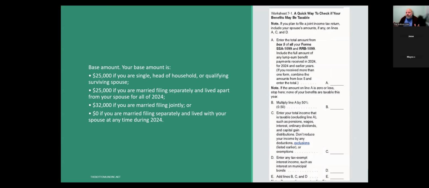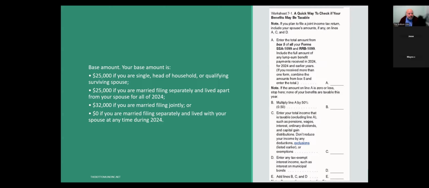If you lived apart from your spouse but you're still married, and lots of times clients are separated, and I've had clients that live in two different states for whatever reason, your base amount is 25,000. But if you're married filing separate and you lived with your spouse, it's zero. It's all taxable. So remember, we said this whole married filing separate is your worst tax bracket to be in. Married filing jointly, it's $32,000.